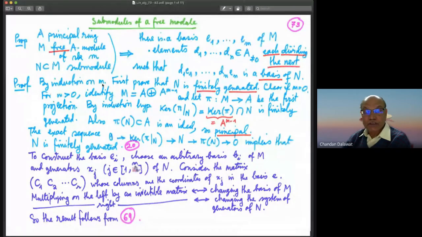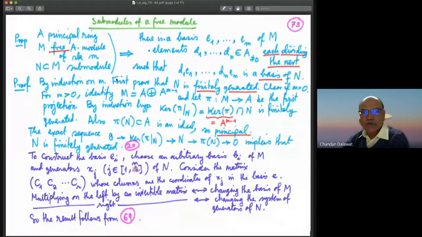So let's proceed by induction on M. And the first thing we will prove is that N is actually finitely generated. Even that is not clear, right? This M is a free module of finite rank, but submodules, are they finitely generated? That requires proof. And here it is. So we'll proceed by induction.